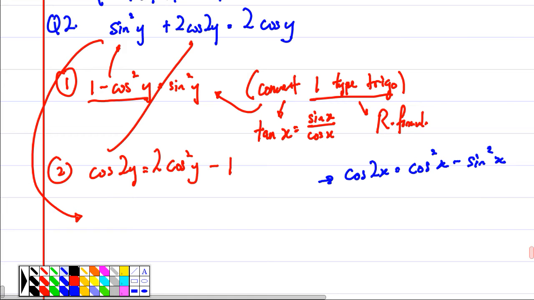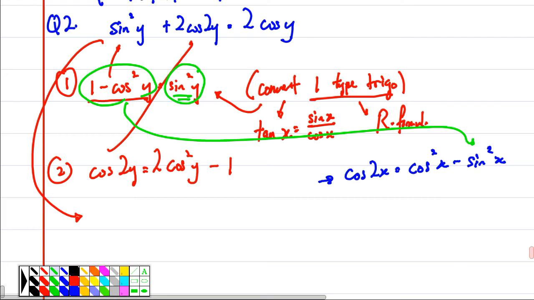The answer is I can replace this into the sine x. And when I replace, you see that it is actually cosine square x minus 1 minus cosine square x.